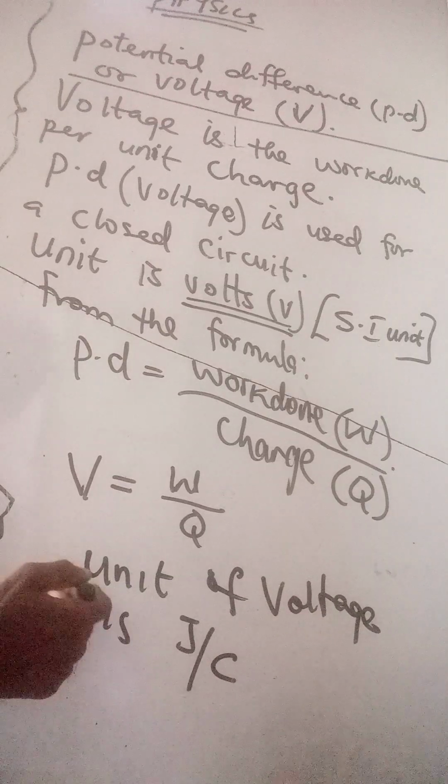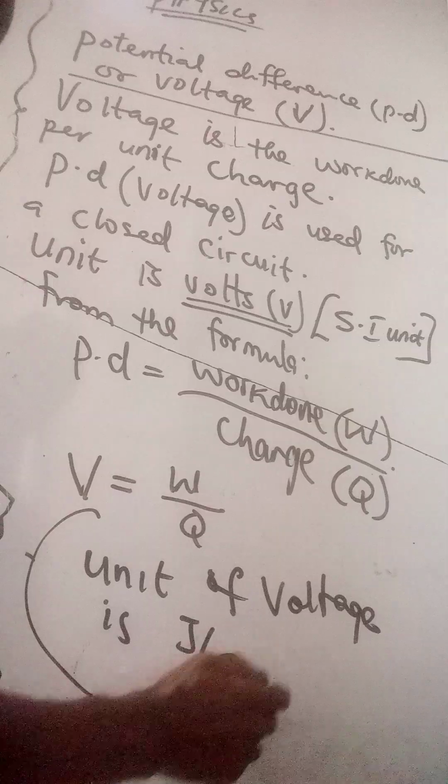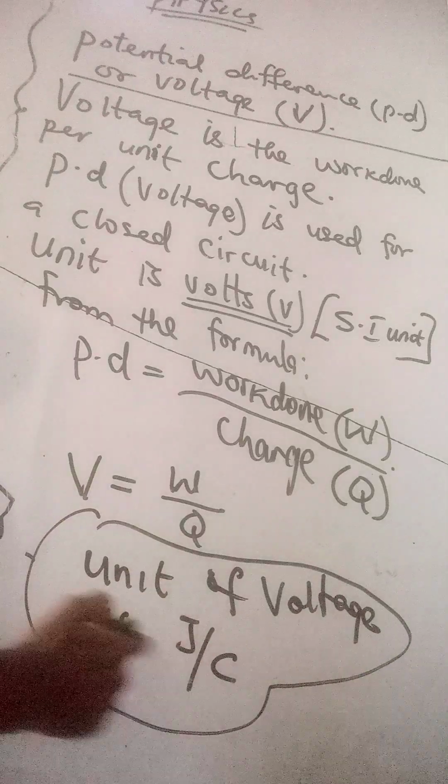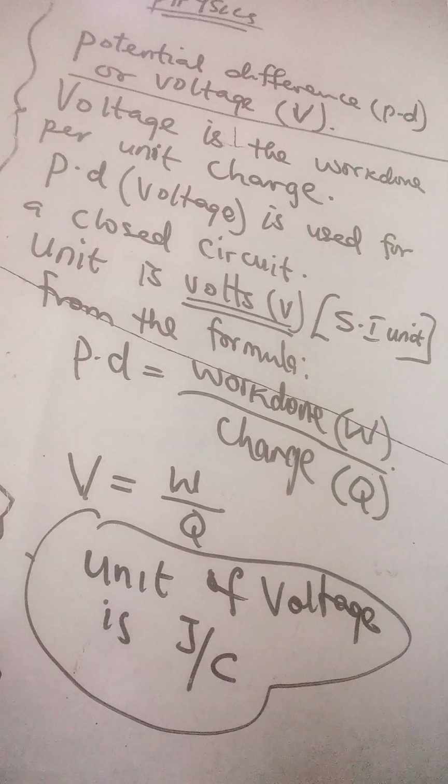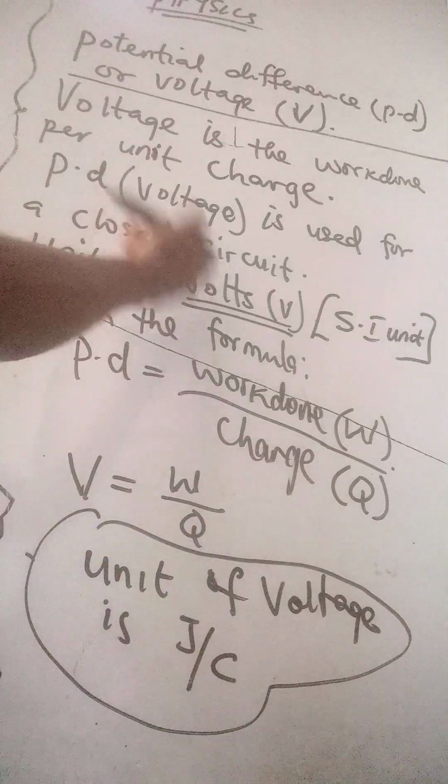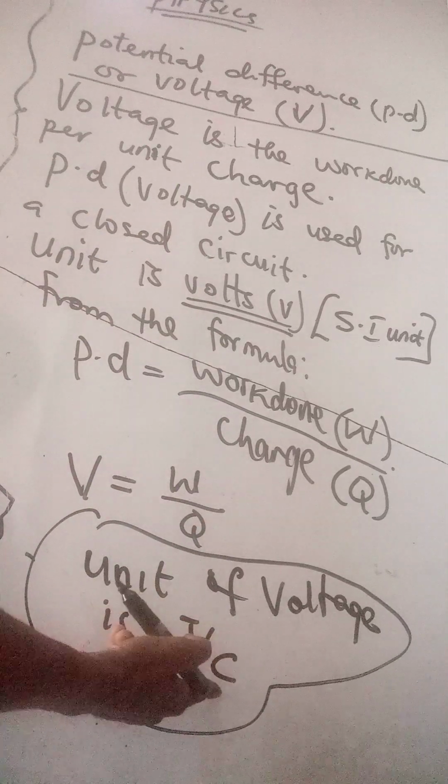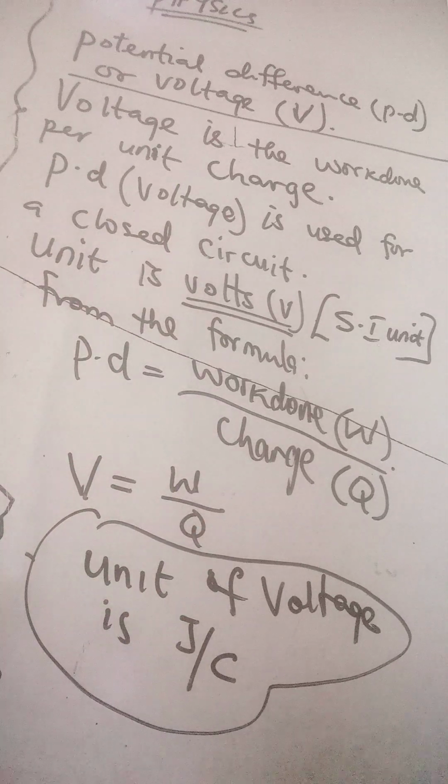So this one is an equivalent unit. That means if you are asked to state the equivalent unit to volts, it will be joule per coulomb, okay? But if you are asked to mention the unit of voltage, the answer is volts, because that is the standard unit recognized globally. Take note of that.